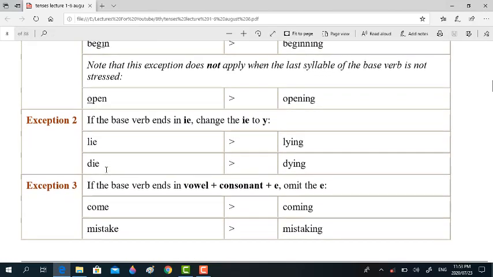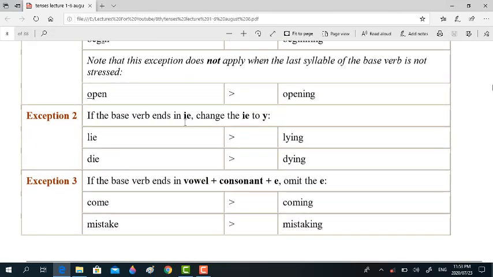If the base verb ends in IE, change the IE to Y. For example, lie, lying, that's easy. Die, dying.